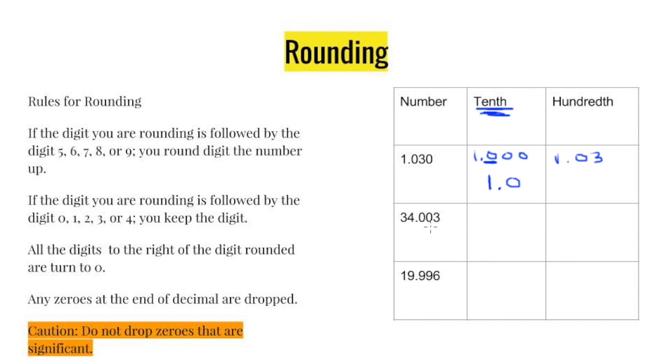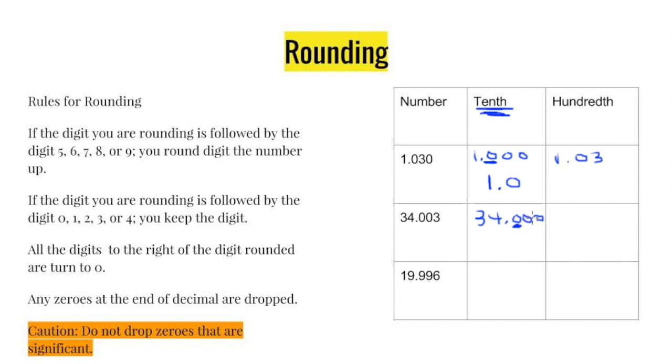So the 0 in the 100th place is telling the 0 here to stay the same. So we do it like normal. 34.000. And since we were rounding in the 10th place, that means that that 10th position is significant. So we can't get rid of that 0.